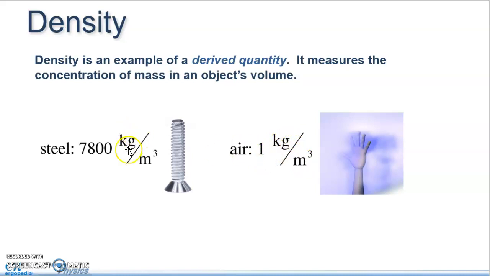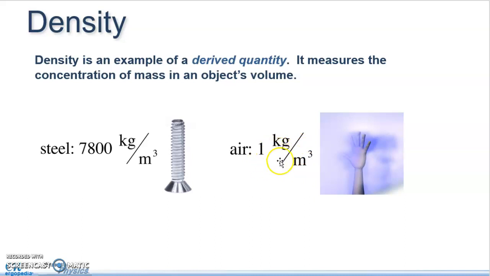Now, just for kicks, when you convert this to grams per centimeter cubed, or grams per milliliter, steel would be 7.8 grams per centimeter cubed, and air would be 0.001 grams per centimeter cubed.